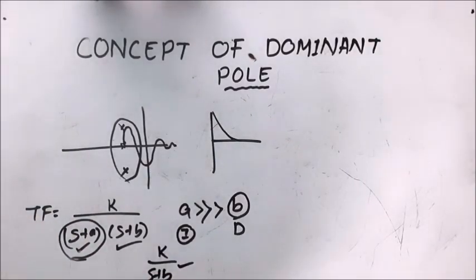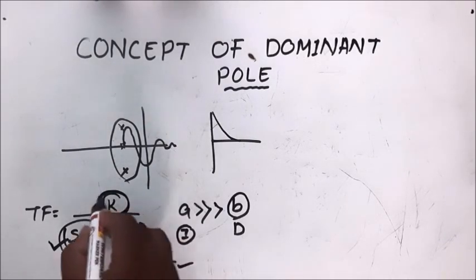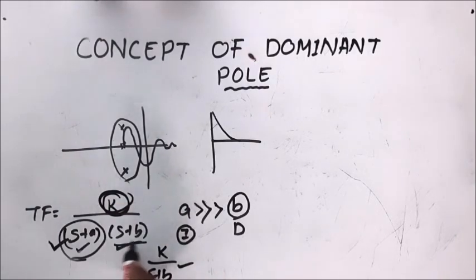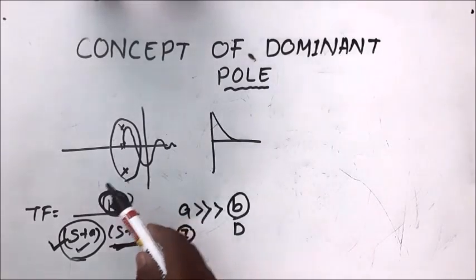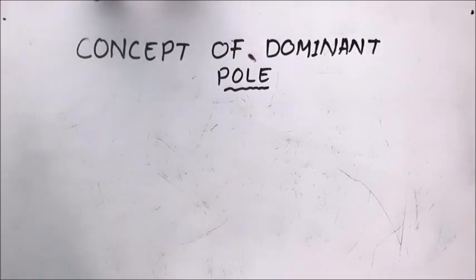Clear? So we need to remove this insignificant pole, but we need to make some change to the gain only, because we cannot change the other pole. We'll do some problems on how to remove this insignificant pole and how to change the gain in this video.